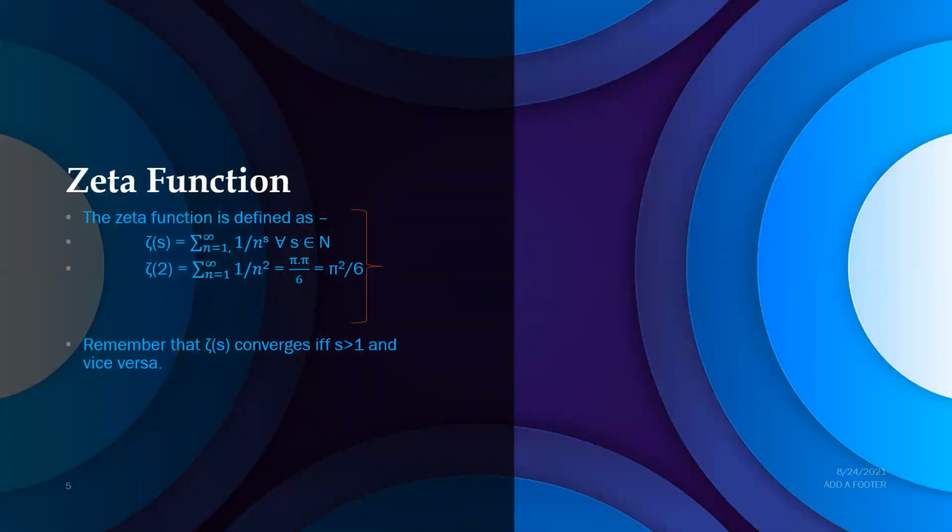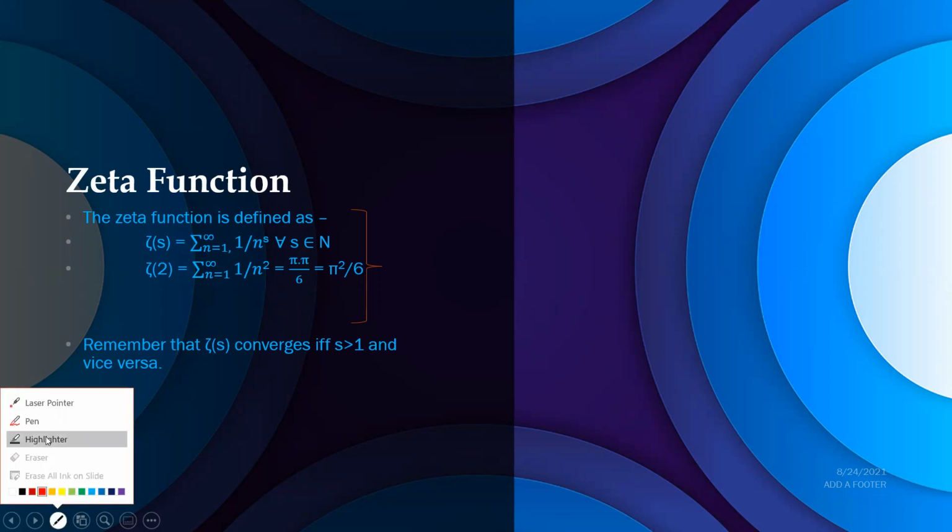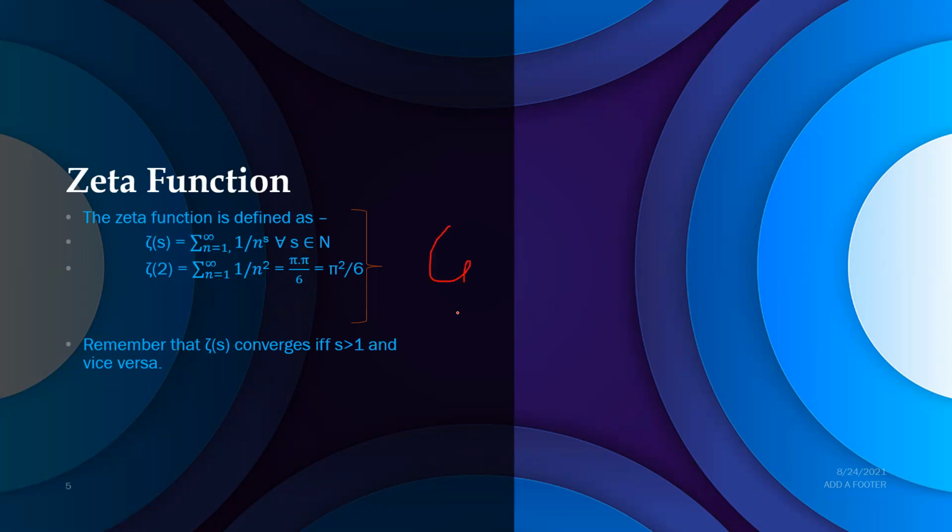Now, what is the zeta function? Zeta of s is equal to the sum of 1 upon n raised to s. I know you're confused by these symbols, so let me explain. Here s can be any number, and n starts from 1 and goes to infinity.